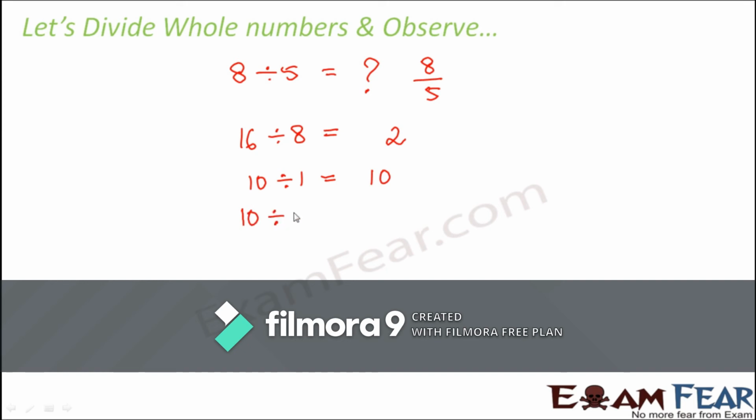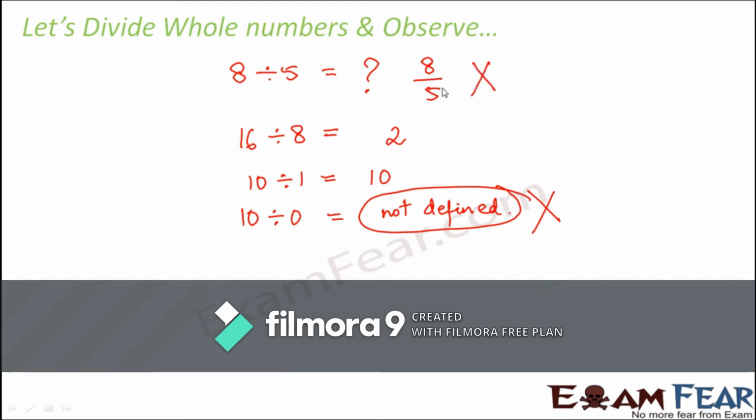10 divided by 0. Now when you multiply 0 to any number, it becomes 0. But when you divide by 0, the result is not defined. So we actually cannot define the result. So the result here becomes not defined, which is not a whole number. In the first scenario, the result 8 by 5 is a fraction. Do you think it is a whole number?